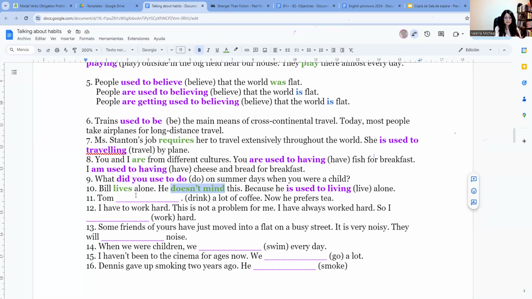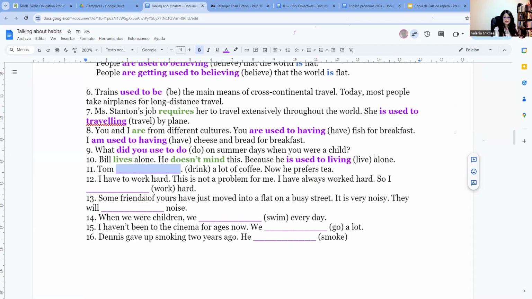Present requires present. Number 11, Tom drank a lot of coffee. Now he prefers tea. We have a contrast. What is it? Used to drinking. Yeah, used to drink, drank. Yes, not with ing here, because used to, only used to, doesn't require ing.